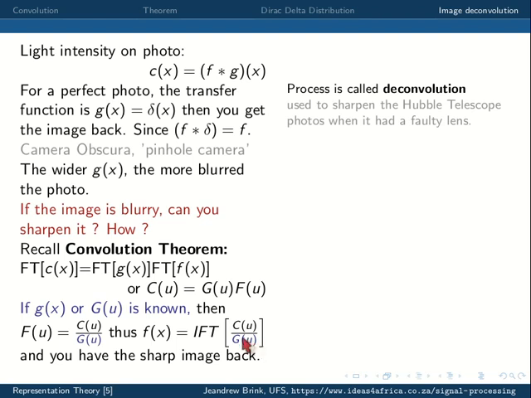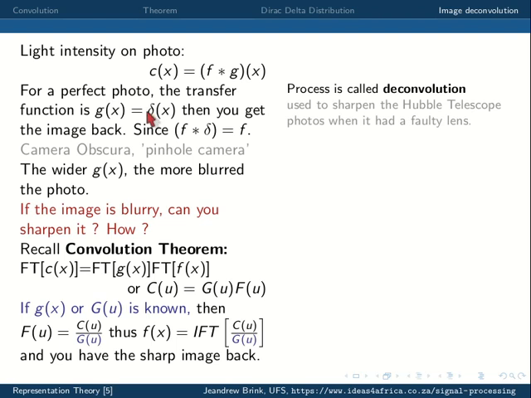Can you see it? If you want to get G, all you've got is your image. You can always record the image. Remember, the perfect transfer function was a delta function, but we know it's not that.